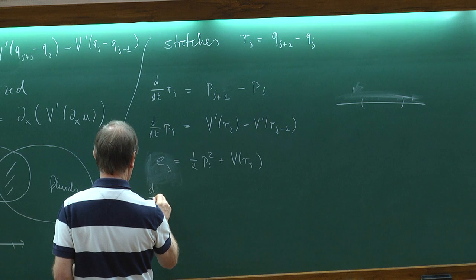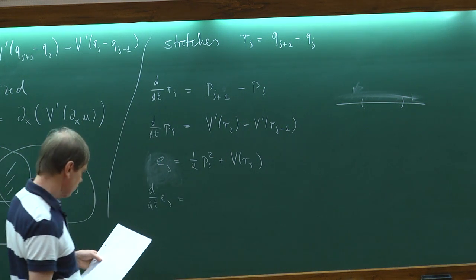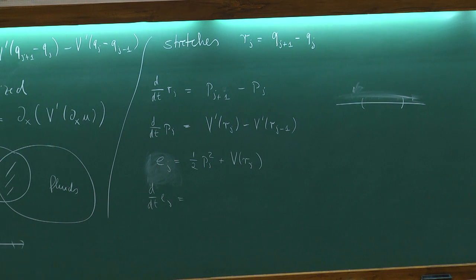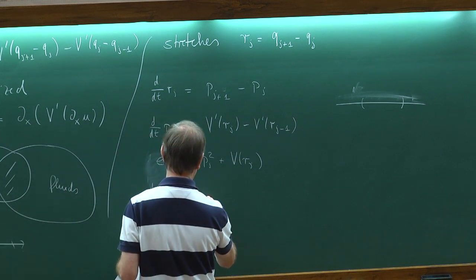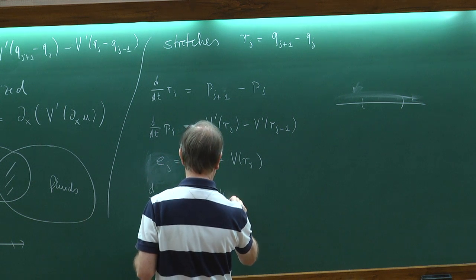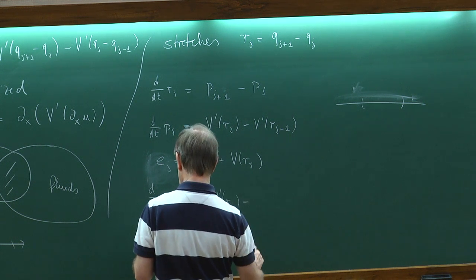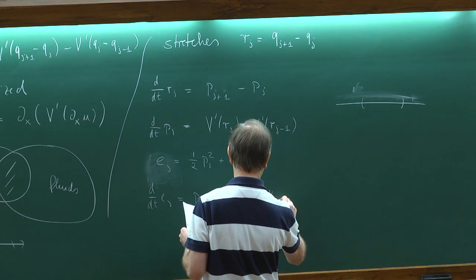Now you can figure out the change in energy, and of course it must also satisfy such a local conservation law. What you will find is Pj plus 1, the force at Rj, minus Pj times V prime of Rj minus 1.